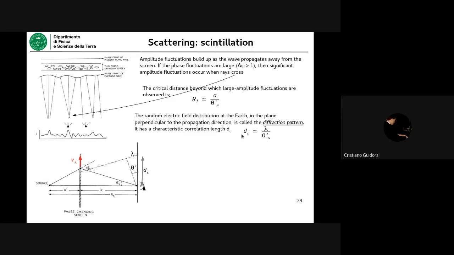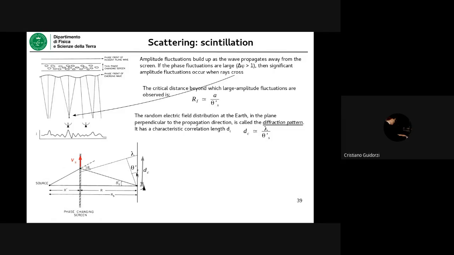So in the end, you calculate this correlation length. The correlation length tells you that if you move your detector along this plane by a distance which is negligible, or much smaller than the correlation length, you see essentially a very small change in the intensity in the diffraction pattern.